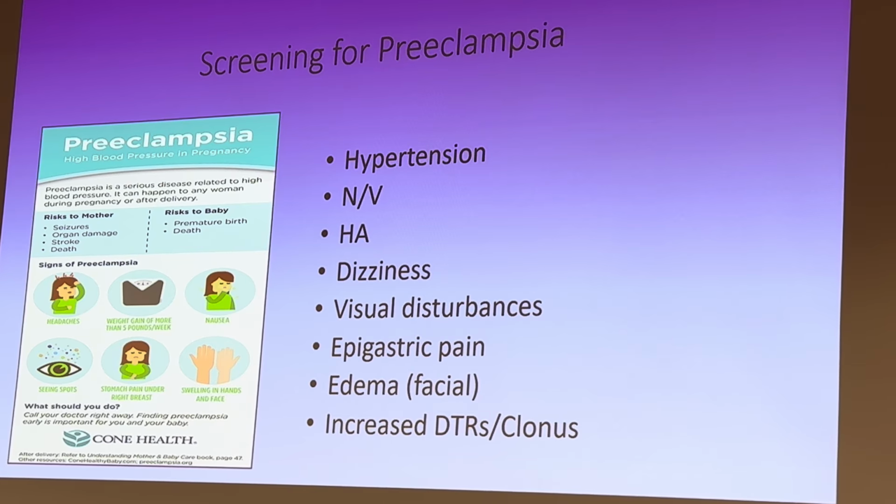If I put my leg up on the table, and one of you comes back and pushes my foot, and then lets it go abruptly, if my foot keeps tapping, that's clonus. That just means I'm in a hyperreflexive state, and I'm at high risk for seizures. So we shouldn't see clonus unless we're getting really sick. The other thing is the persistent headache, decreased urine output, which leads to the weight gain.